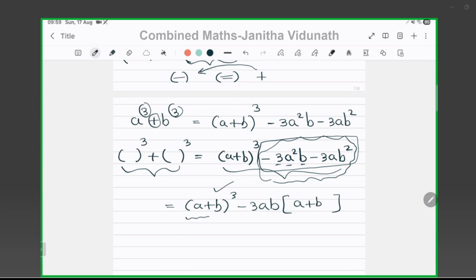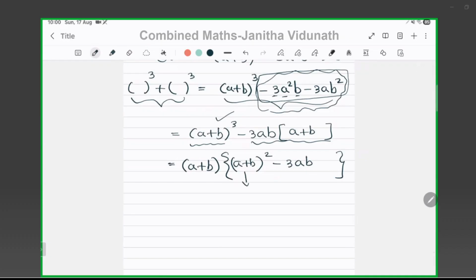Then if we observe these two terms, we can get (a plus b) as a common term for both. Then we get (a plus b) whole square minus 3ab.